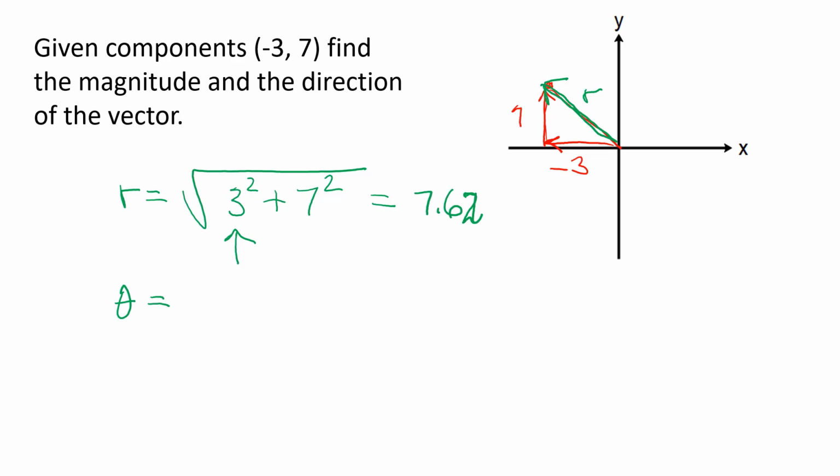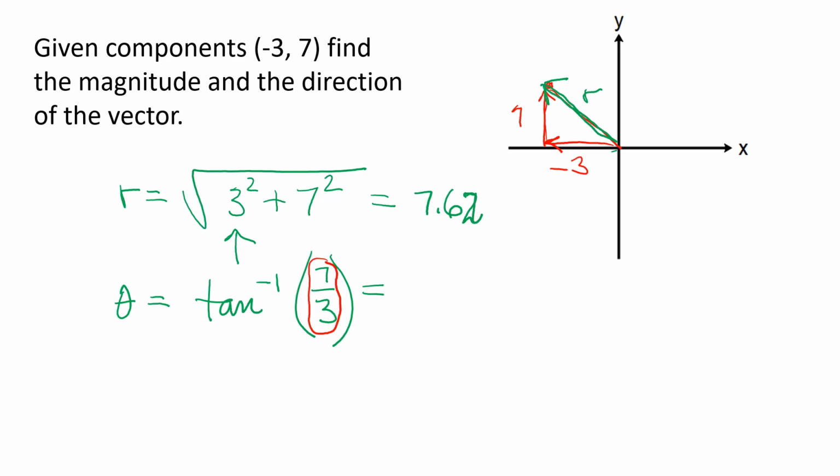Okay, the angle, here's where this thing comes in. So the angle is inverse tan of 7/3. Notice I ignored the sign in here. I'm not worried about it because the only thing it's going to give me is a negative reference angle, and that doesn't help me.